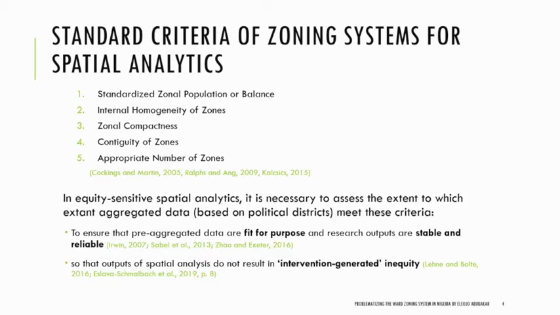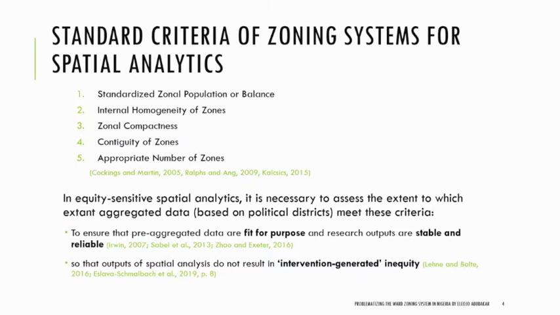They are homogeneous as well. That's related to the problem of ecological fallacy. They are compact and contiguous. That's related to the issue of accessibility, because the more compact and contiguous, the easier it is to reach places within the zone. And when you have a project, you don't know how many zones are ideal for the work you're trying to do, and that's related to the scale problem.